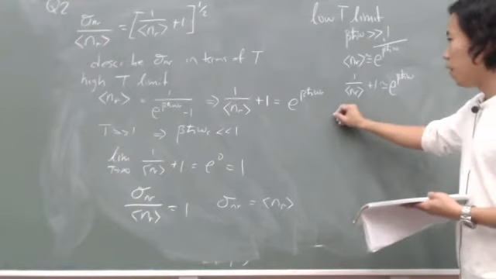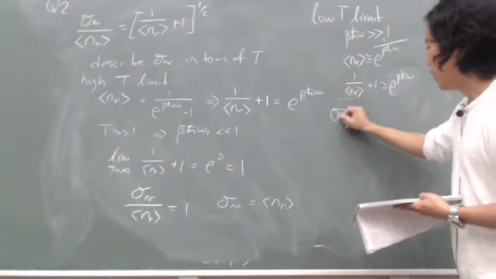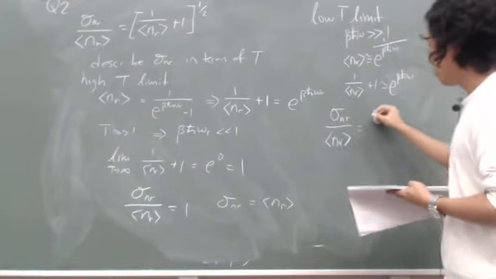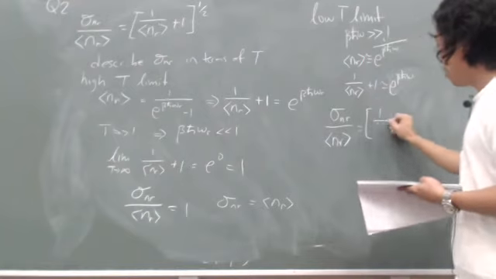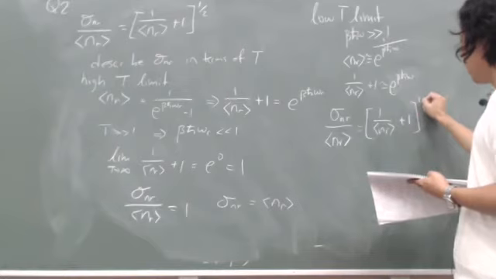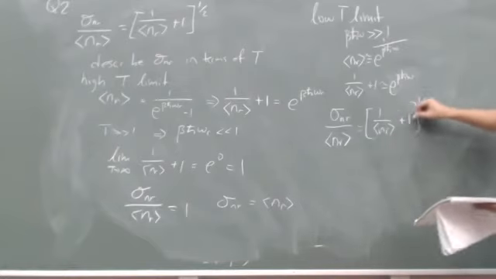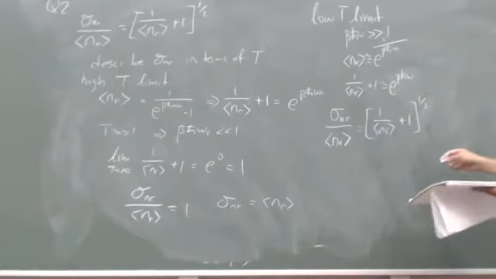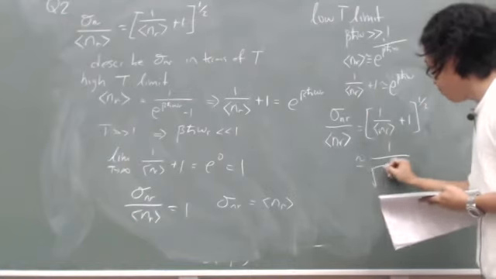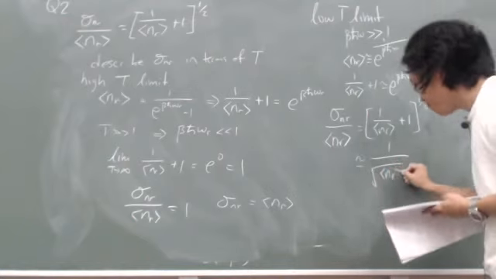Our expression for sigma nr divided by nr equals (1 over nr plus 1) to the 1/2. But this entire thing inside is just approximately 1 over nr. So it's approximately 1 over the square root of nr.